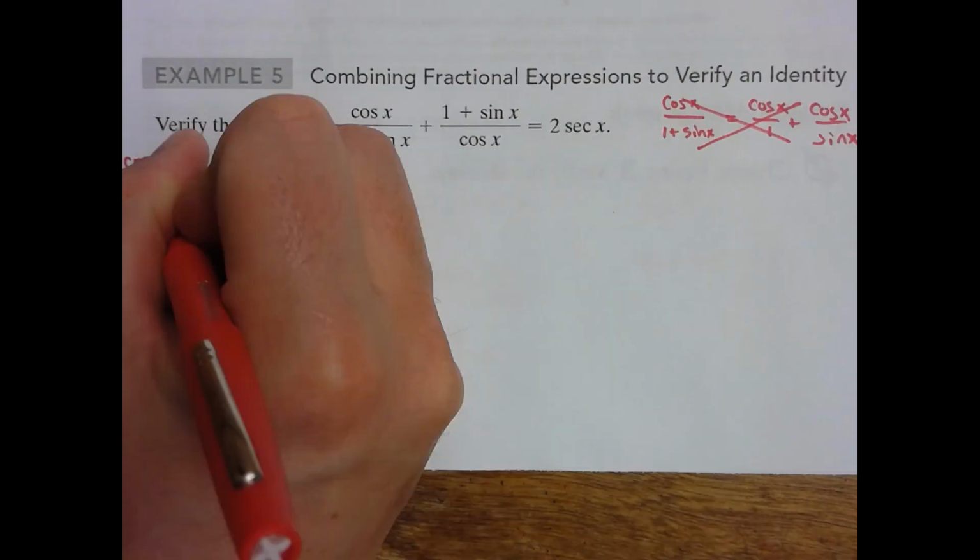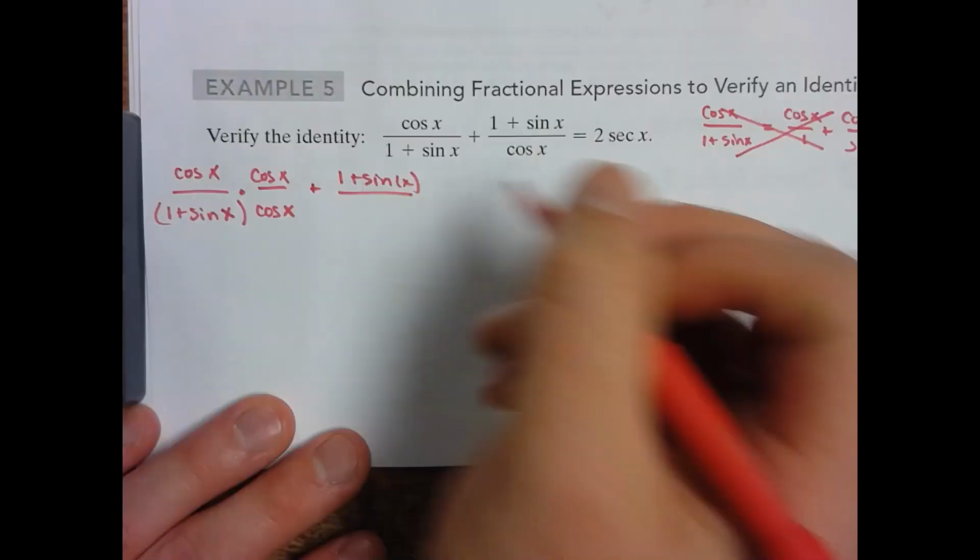So this left fraction, I'm going to multiply by cosine of x over cosine of x. That's going to make this denominator 1 plus sine of x times cosine of x.